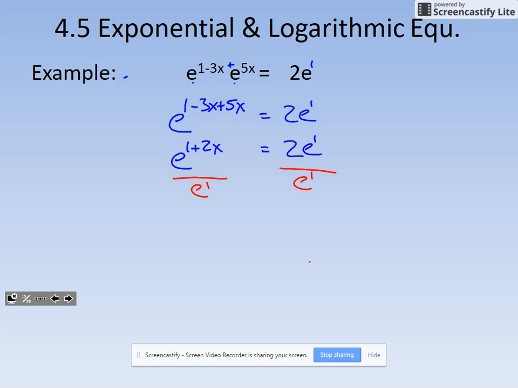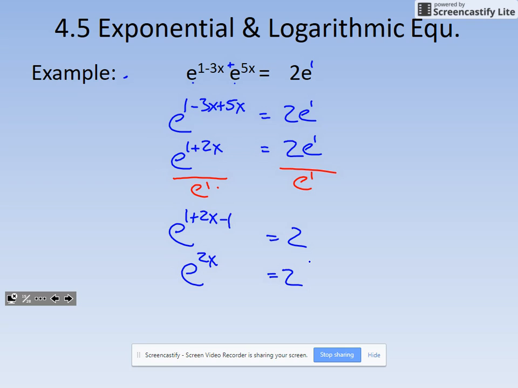Now, again, we have a shortcut here. When you divide, it's like subtracting the exponent. So I could rewrite this as e to the 1 + 2x minus the 1. So now I have e raised to the power of 2x is equal to 2.